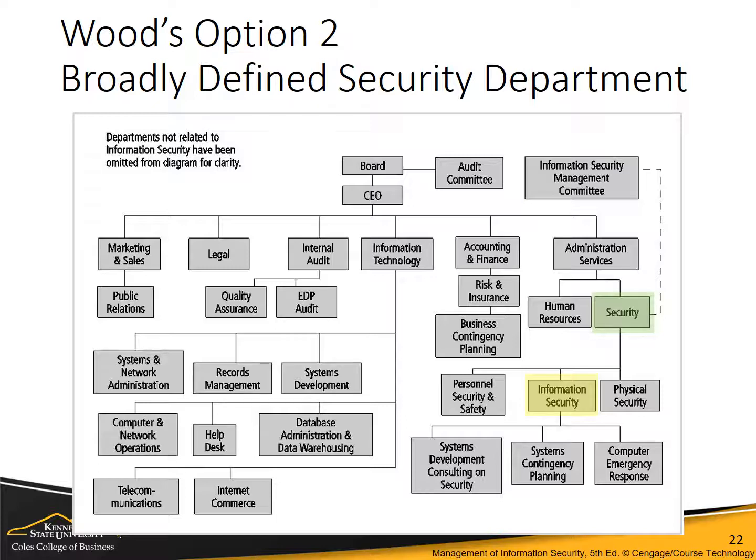In addition, there's a broadly defined security department that handles physical and digital security of information assets and employees. Further, information security and information technology are separated, relieving some of the natural tension between the two. However, there is no CISO with a seat at the table of the board of directors.